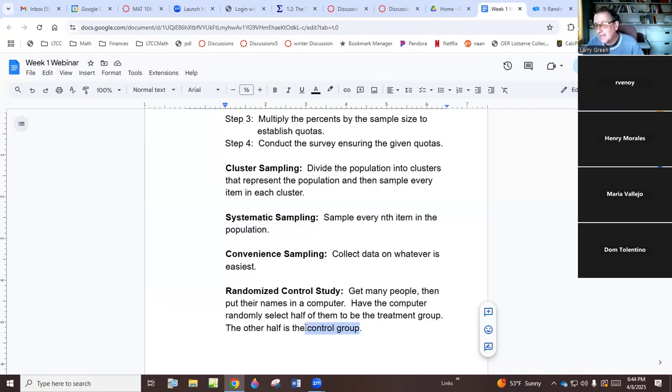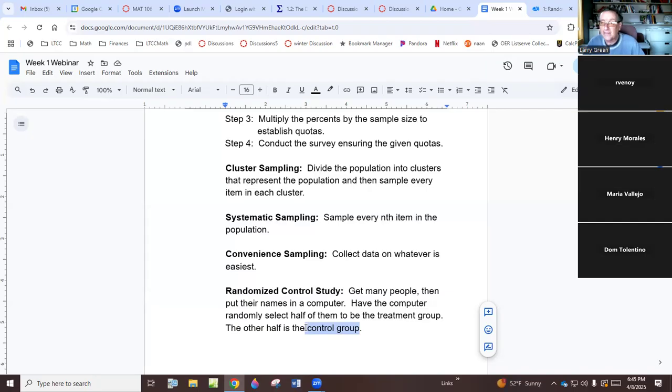And then for the next few months, they kept track of those people and they tested them for COVID to see whether the ones who got the placebo had a higher percentage of them got COVID than the ones that got the real shot. Is that clear?